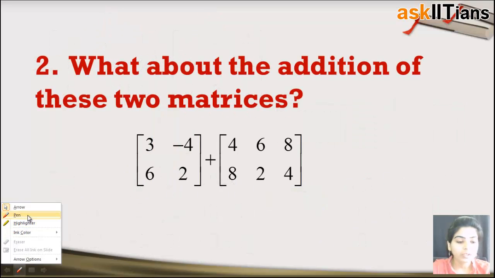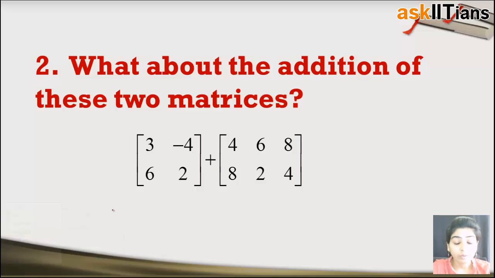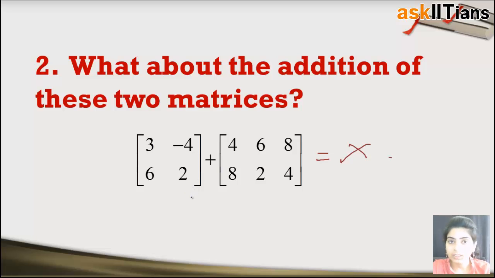Okay, now we have another example. What is the addition of these two matrices? One of the mistakes that most of you might commit here is that you might blindly start adding the elements, which would be totally wrong. Why? Just now I told you, whenever you want to add two matrices, first of all the order of both the matrices must be the same, right?